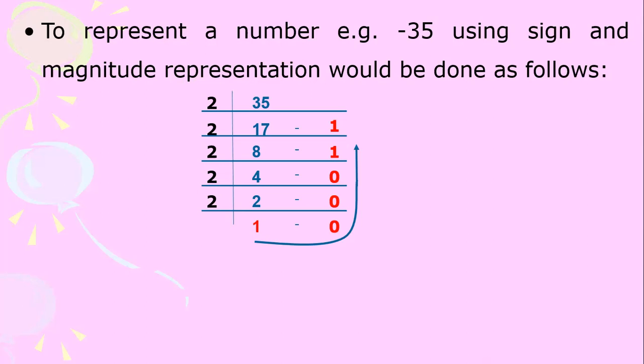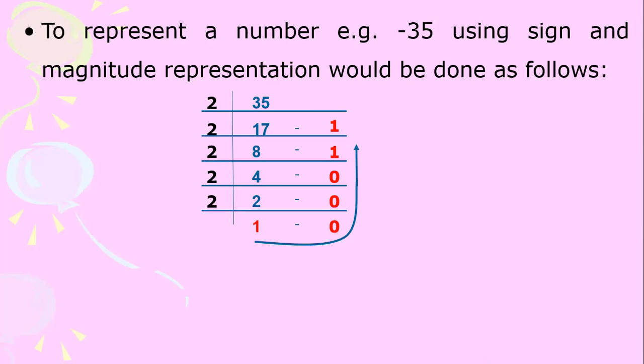That is, 35 divided by 2 is 17, remainder 1. We note down the remainder 1. Then we divide 17 again by 2, we get 8, remainder 1. We note down the remainder. Then we divide 8 by 2, we get 4, remainder 0. We note down the 0. Then we divide again 4 by 2, we get 2, remainder 0. We note down the 0. And then lastly, we divide 2 by 2, we get 1, remainder 0.